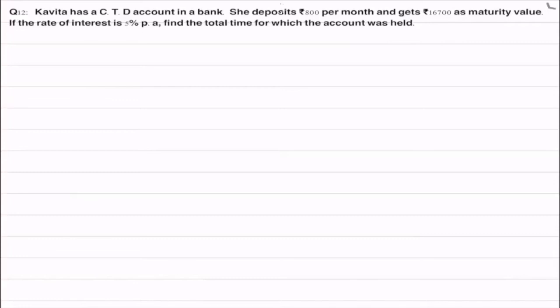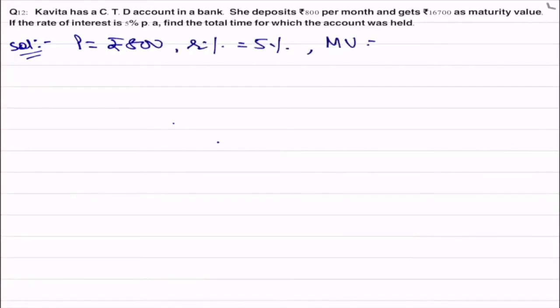If the rate of interest is 5% per annum, find the total time for which the account was held. So see, in this question, principal is given, that is rupees 800, rate of interest is 5%, maturity value, or you can say amount, is 16,700, and total time is missing.